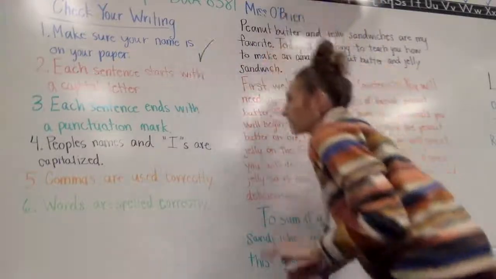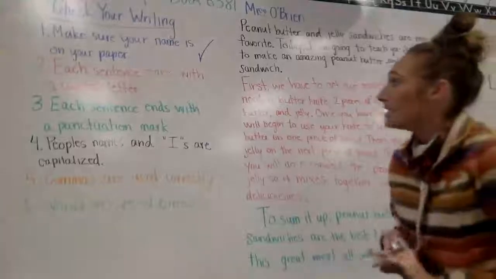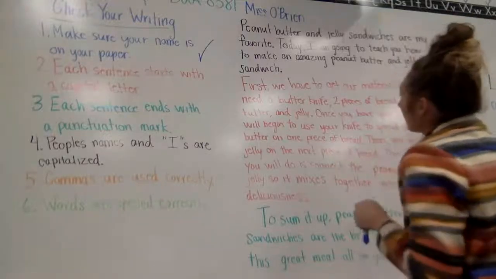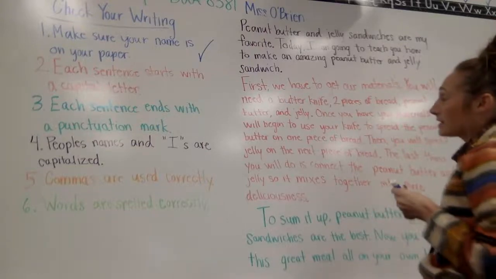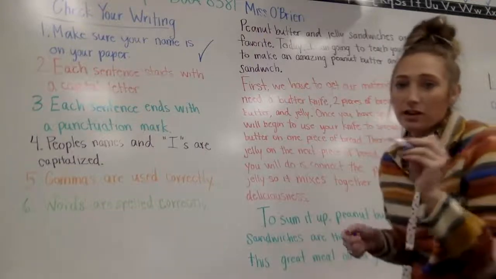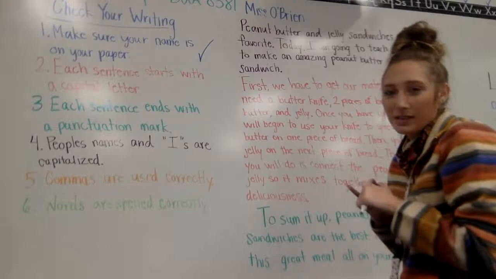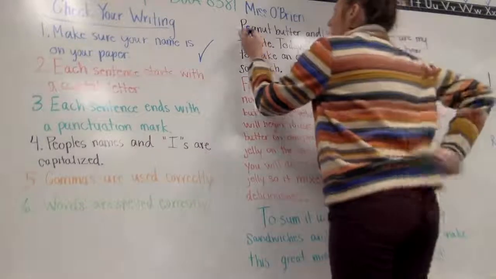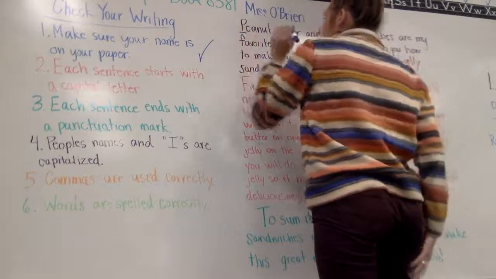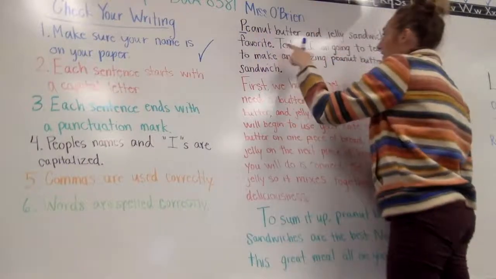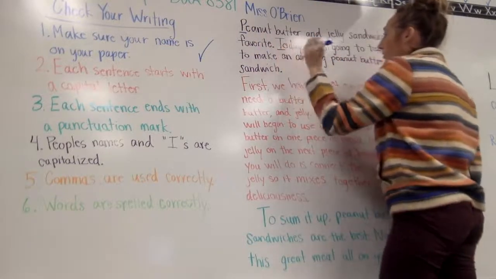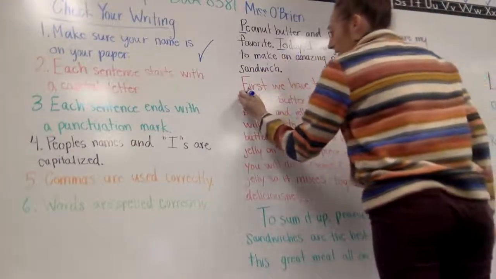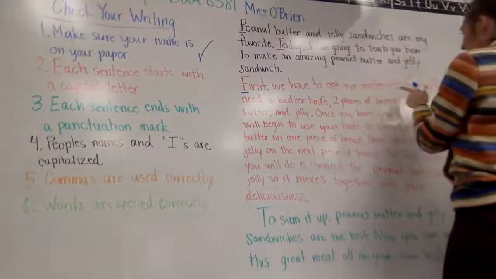I checked it. Number 2 says each sentence starts with a capital letter. So let me look for each sentence. I'm going to put a line underneath each start of a sentence to make sure that I see all of them. So this is the start of a sentence. Peanut butter is capitalized. I see a period. Capitalized. Go to the next period. Capitalized. Go to the next period.